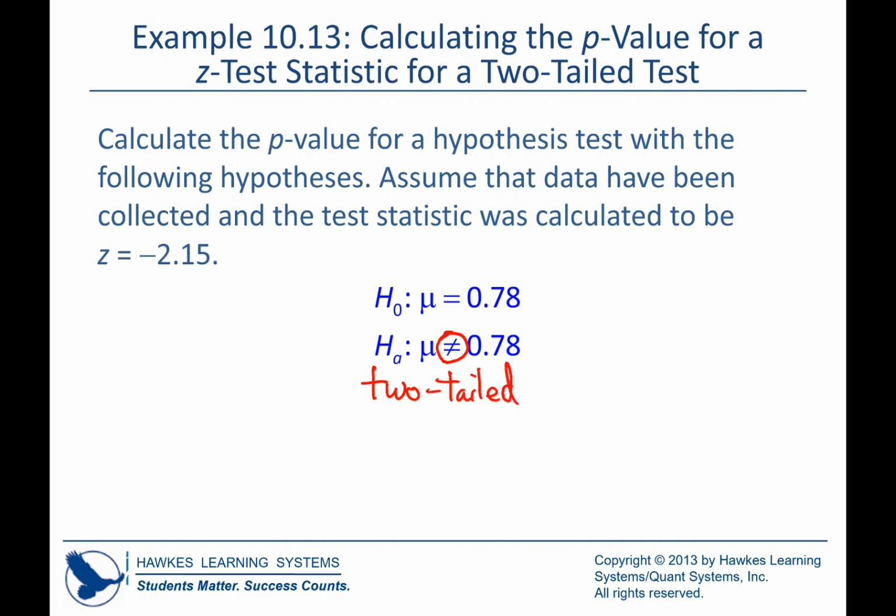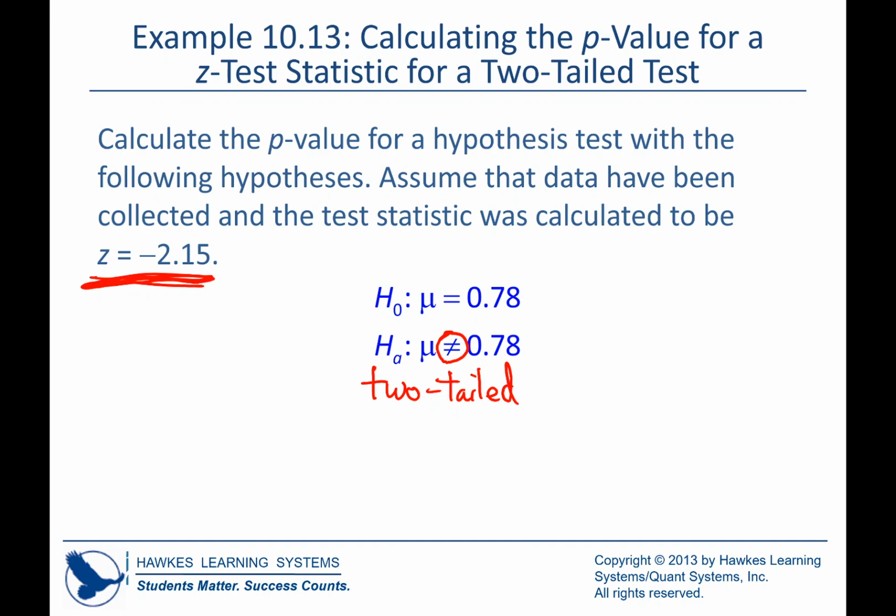Okay. So two-tailed test, getting the p-value is a little bit more effort because we're not just concerned about the left side or not just concerned about the right side of our curve. We want both sides. So we're going to have to find the area in two different tails. And the two z-values that we're going to deal with are the positive version and the negative version of whatever our test statistic is.